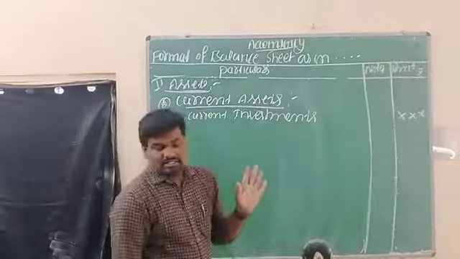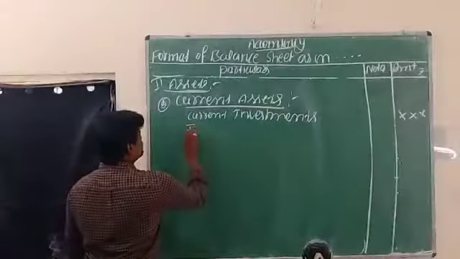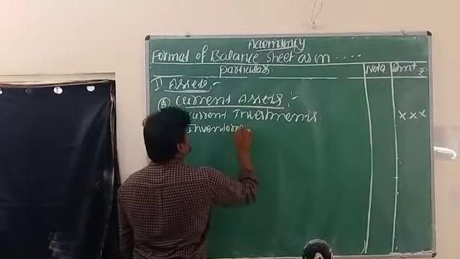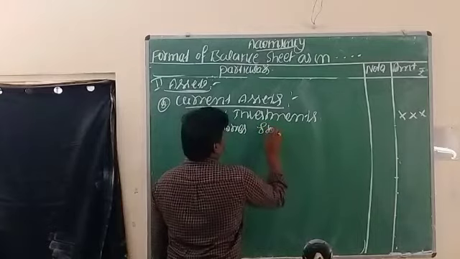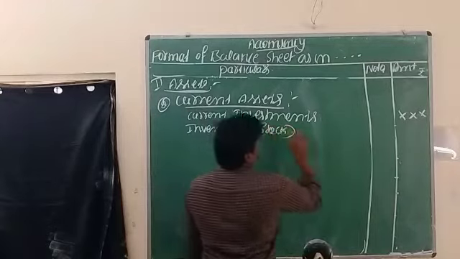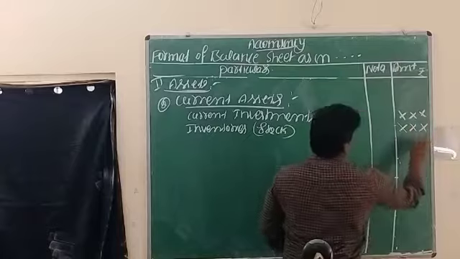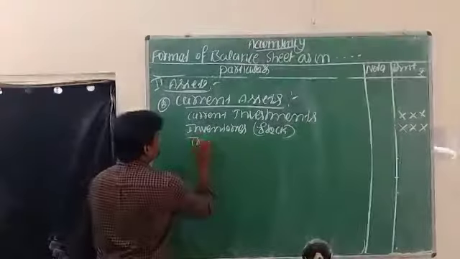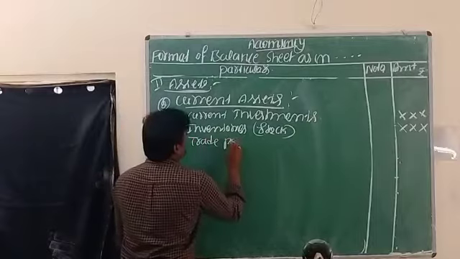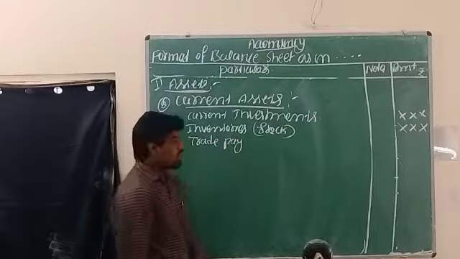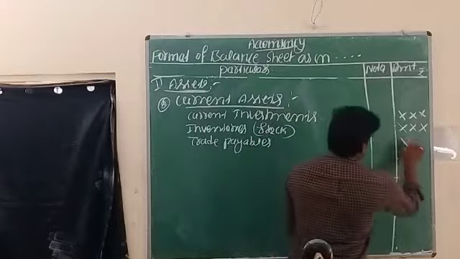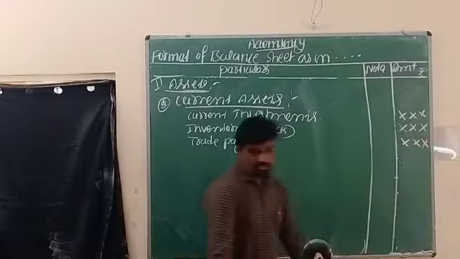The second one is any inventories. So here inventories means nothing but stock in the business. The next one, trade payables. Trade payables means nothing but accounts payables or bills payables, including debtors also.